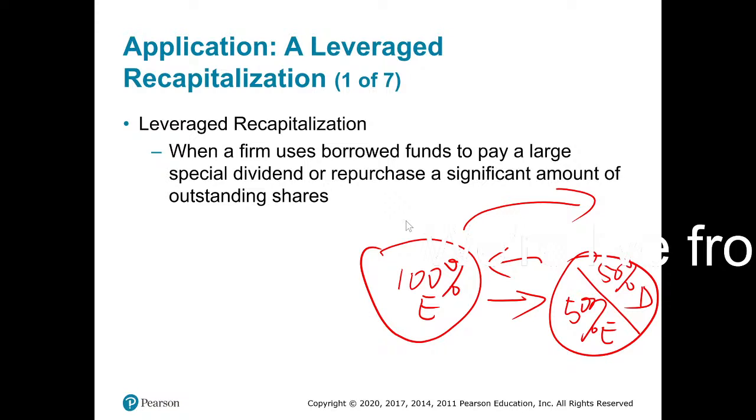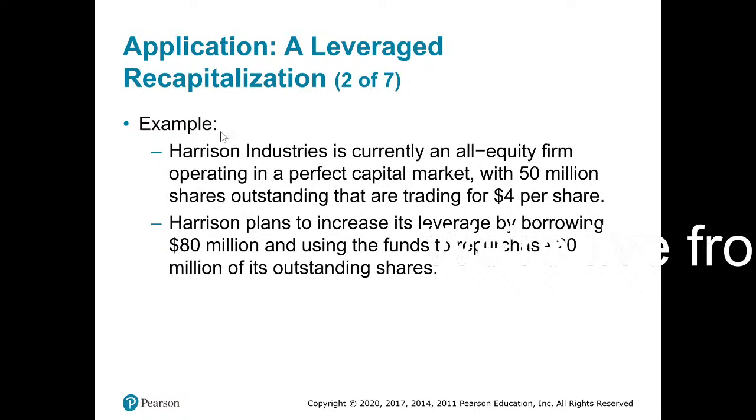And there are ways you do this. For example, you can issue debt to buy back shares, and you can issue shares to pay debt. So that's all financial engineering in my understanding. So this company is all equity, and they can borrow to buy back stocks.